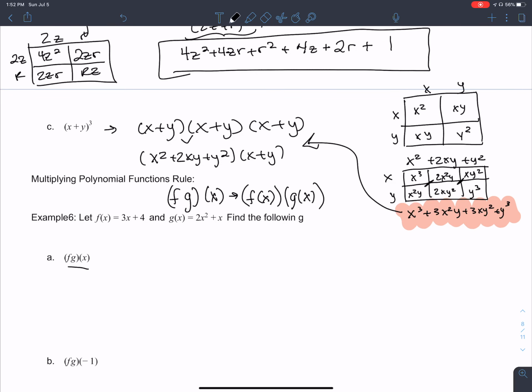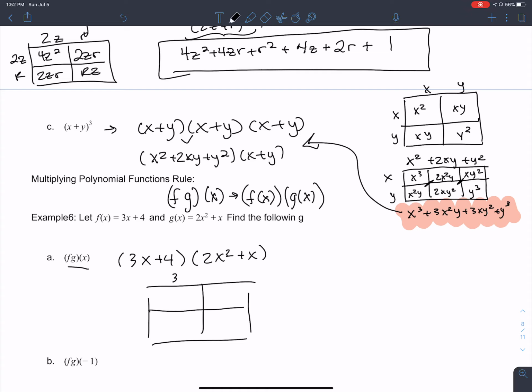If you see f times g, you're just going to take 3x plus 4 times 2x squared plus x. Box it up. 3x, 4, 2x squared, x: 6x cubed, 8x squared, 3x squared, 4x. 6x cubed plus 11x squared plus 4x, and that's your final answer.